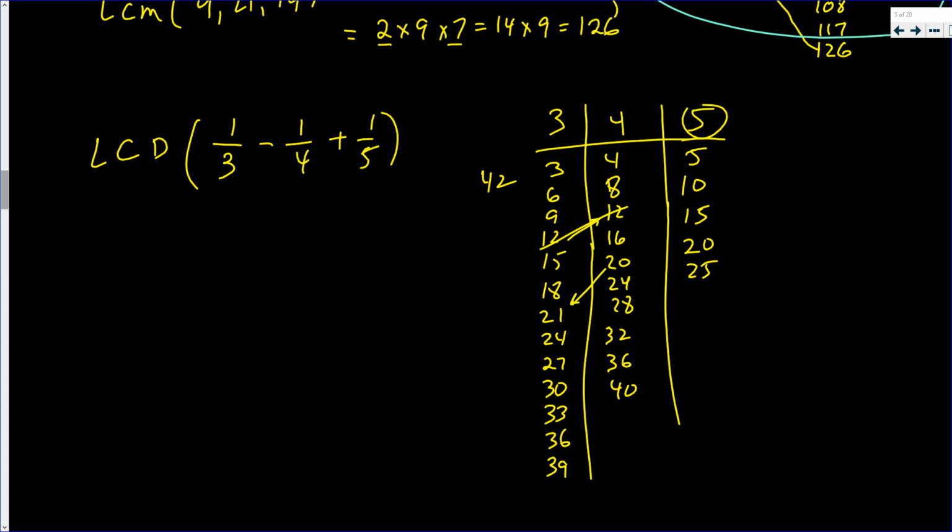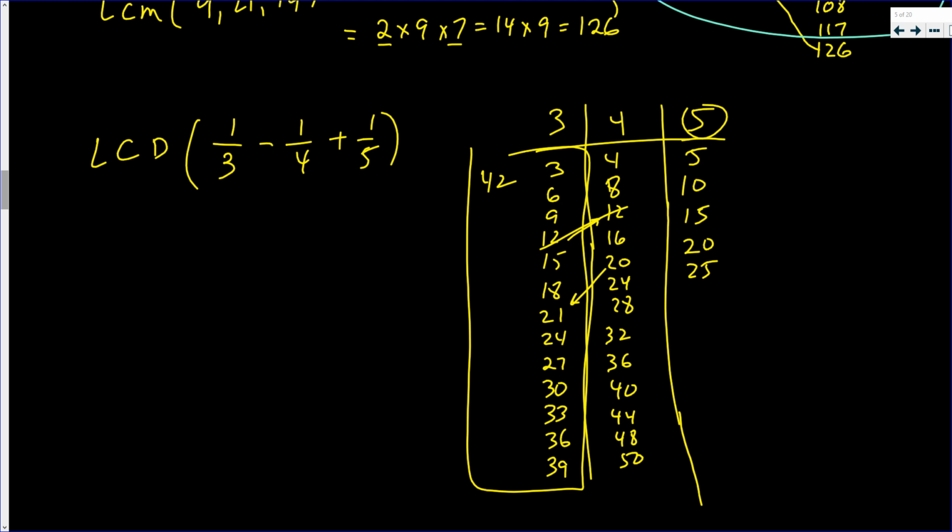36, 40. These two lists do not both have 40, but maybe 50. 44, 48. This one doesn't have 50. 56, 60. Maybe this has 60. 45, 48, 51, 54, 57, 60.